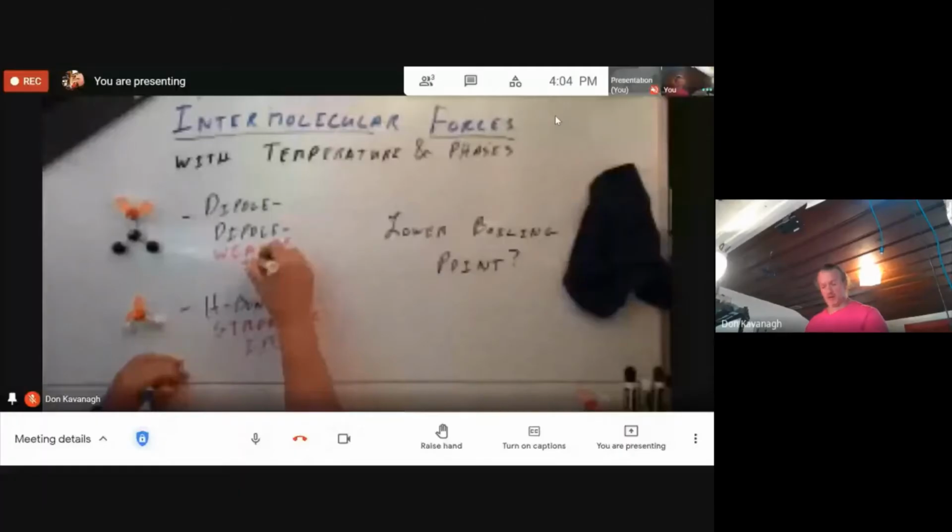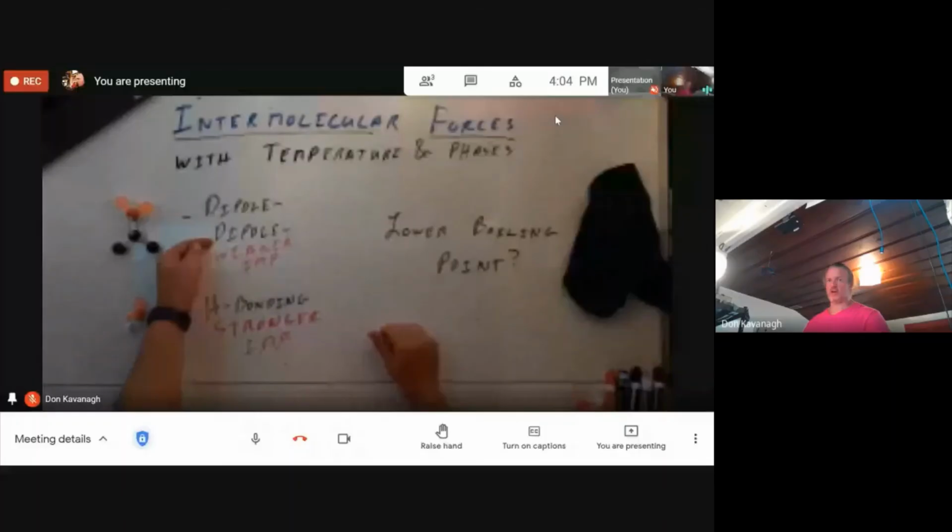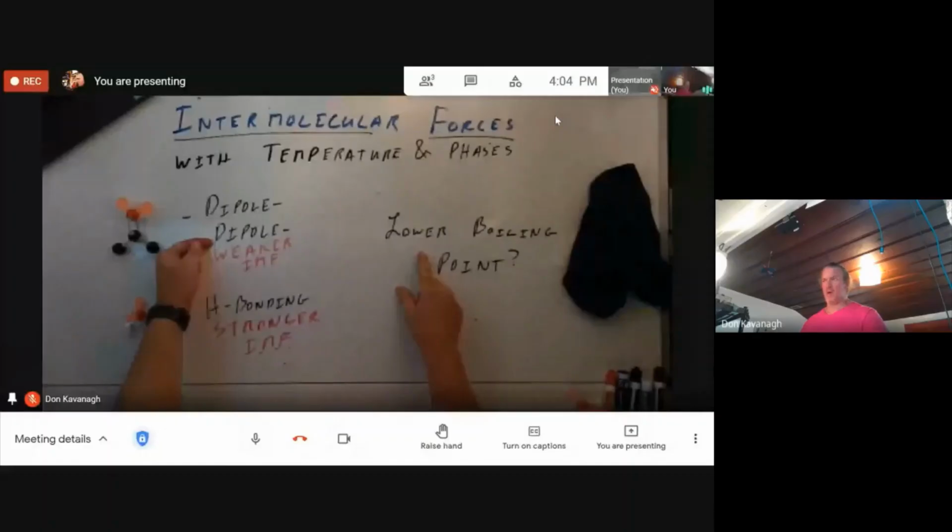Now, how can this help us predict a boiling point? The weaker intermolecular forces of dipole-dipole would take a lower temperature to transition from liquid to gas phase. A boiling point is nothing but a temperature where a substance goes through a phase change of liquid to gas.